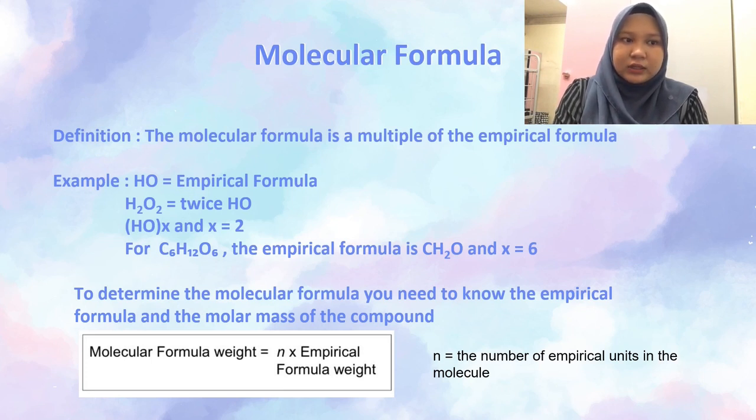For C6H12O6, the empirical formula is CH2O and X equals 6. To determine the molecular formula, you need to know the empirical formula and the molar mass of the compound. The molecular formula weight divided by the empirical formula weight gives N, the number of empirical units in the molecule.